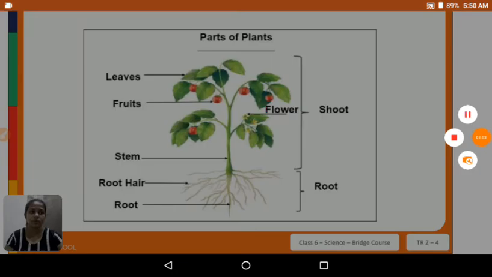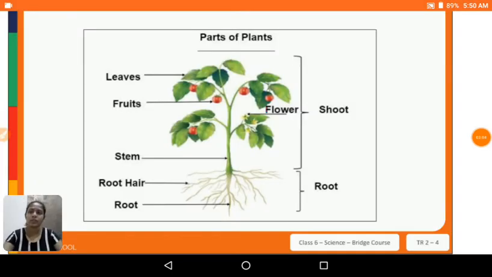Now what is the role of leaves in the plants? Leaves in the plants prepare their food. Yes, you already know that leaves in the plants prepare their food. Now what is the main function of the stem? The stem is the thing that transports materials from one part to another.